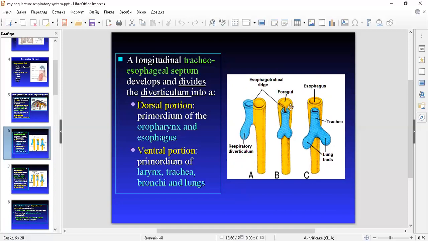Repeat this information again. Dorsal portion, primordium of the oropharynx and esophagus. Ventral portion, primordium of larynx, trachea, bronchi, and lung.